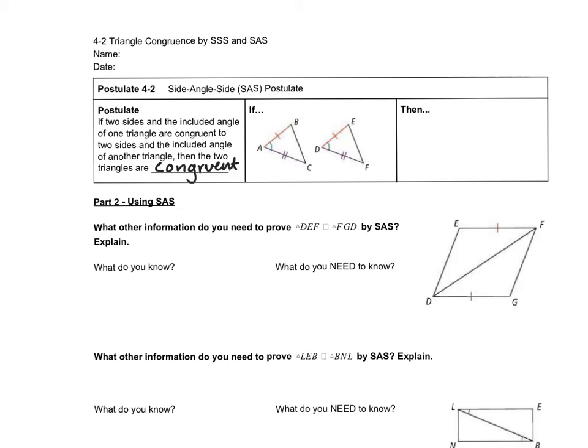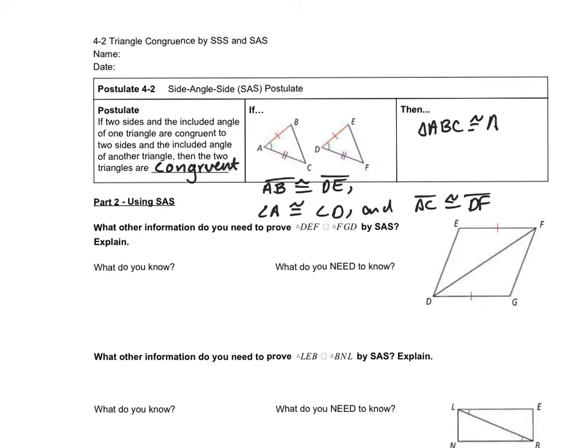So here, if side AB is congruent to side DE and angle A is congruent to angle D, and if AC is congruent to DF, then these two triangles, ABC and DEF, are congruent by side angle side.